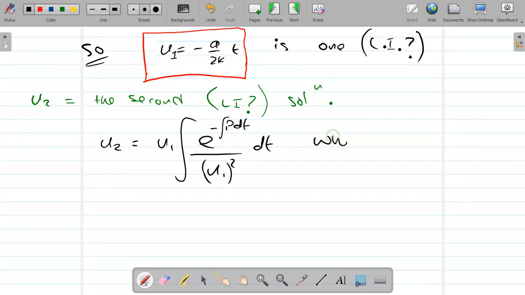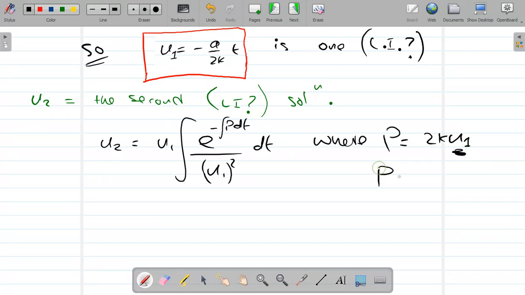Where P is equal to 2KU. But we've got a problem. We've still got a U. But that's no trouble, because that's just U1.